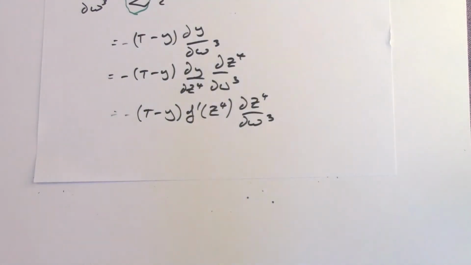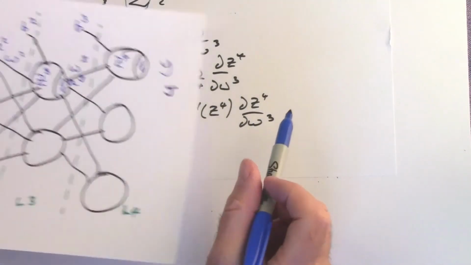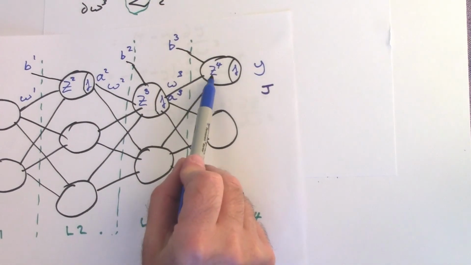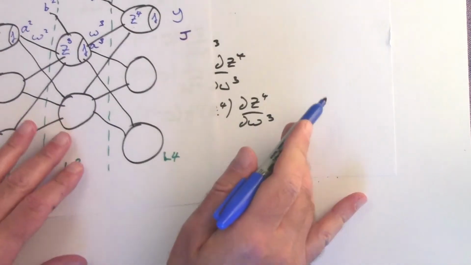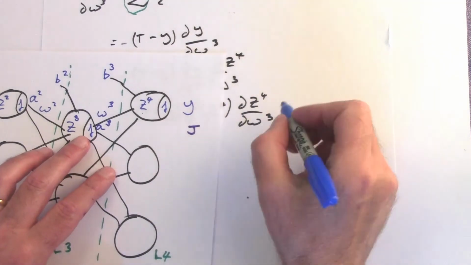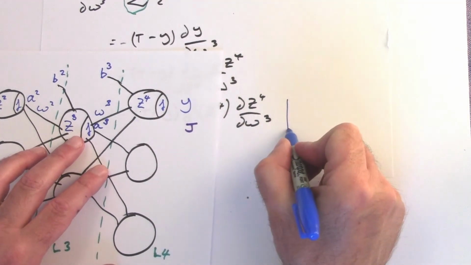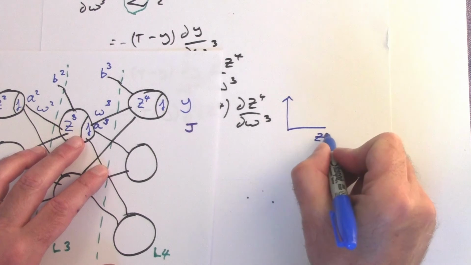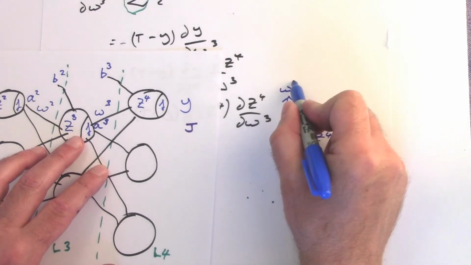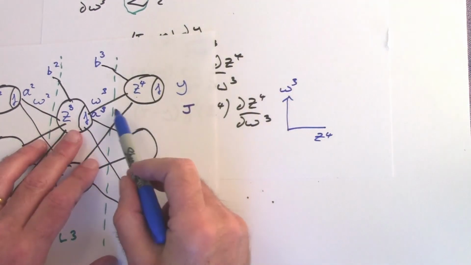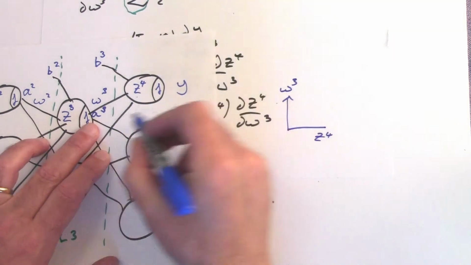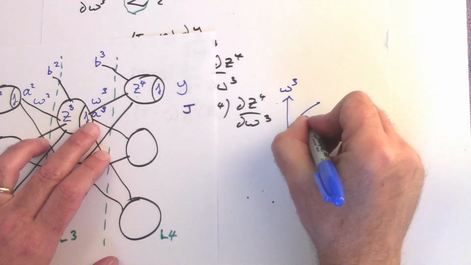So let's have a look at this dz4 by dw3. It's the rate of change of z4 with respect to w3 here, and so if we were to plot z4 against w3, what you'd see is that the gradient is actually the activation A3.